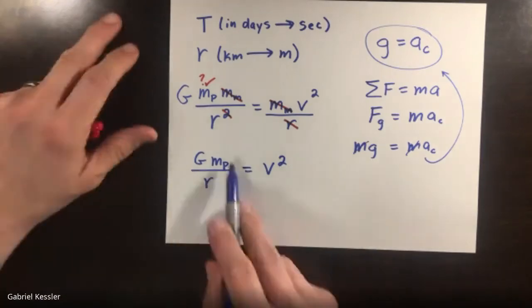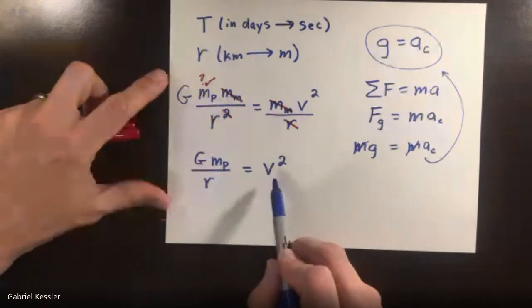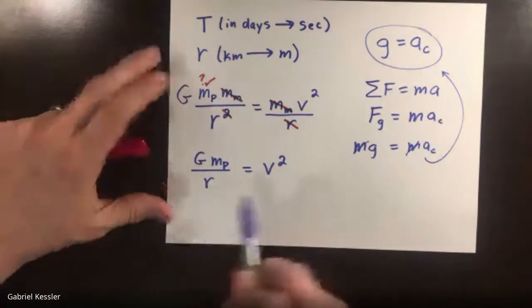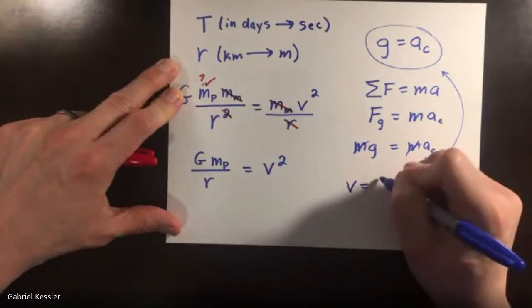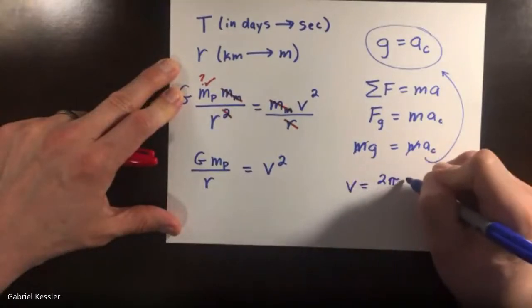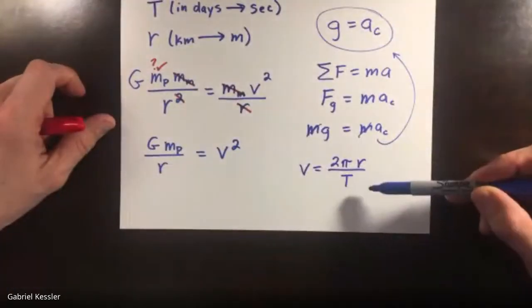So we isolate this for the mass. Thing is, we're not given the speed. We are given the radius. But we can use the speed equal to 2 pi times the radius over the period. Remember, the speed of an object is distance divided by time.